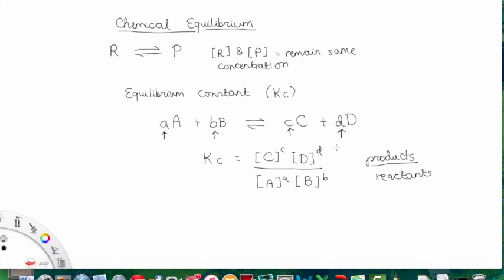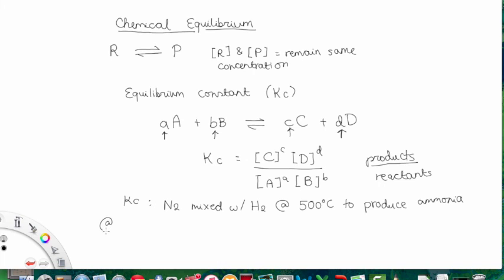Now I can show you different calculations in which we use Kc. Let's try an example. Calculate Kc for given equilibrium concentrations, where in this case, we have nitrogen gas mixed with hydrogen gas, H2, at 500 degrees Celsius to produce ammonia.